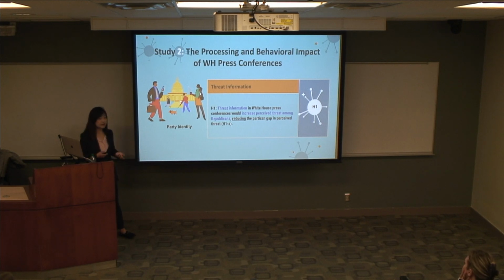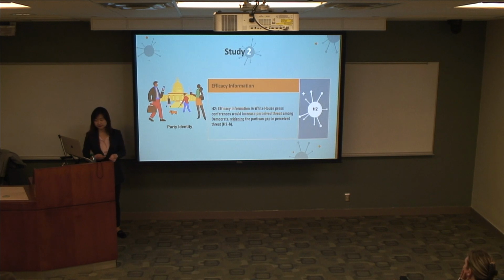That's because Republicans were more likely to watch the White House press conferences than Democrats, and also Republicans trusted Trump's administration more than Democrats. So we predicted that the threat information from the White House briefings might increase the perceived threat among Republicans, which reduces the partisan gap between Republicans and Democrats in perceived threat.